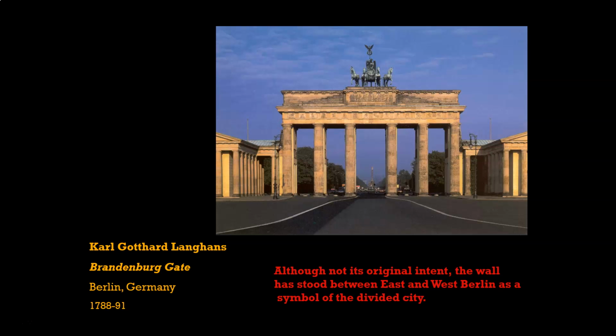Although that wasn't its original intent, that's what became of it. It's still standing today, even though the wall between East and West Berlin has come down. You can go and see the Brandenburg Gate and see where the wall would have been. So make sure you know that. Brandenburg Gate in Germany.